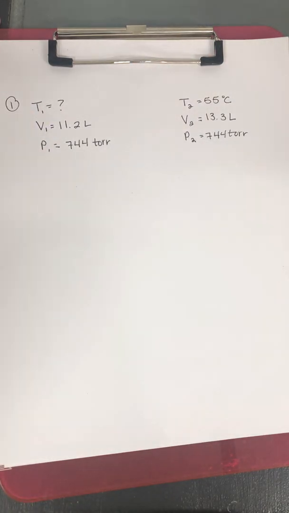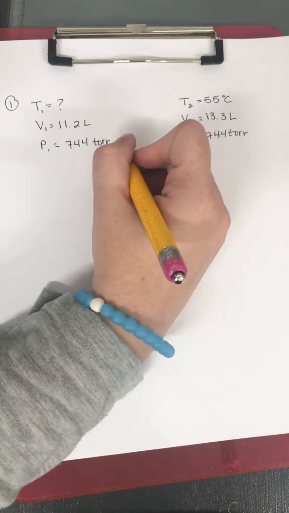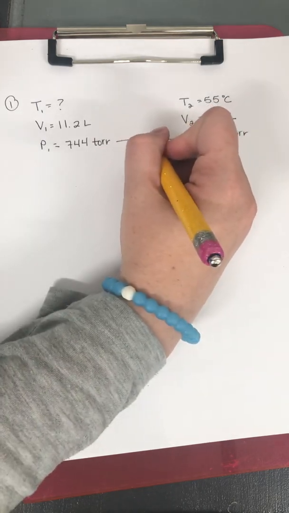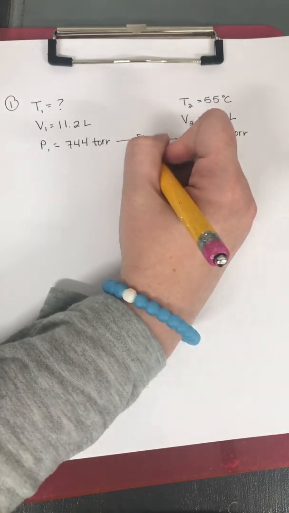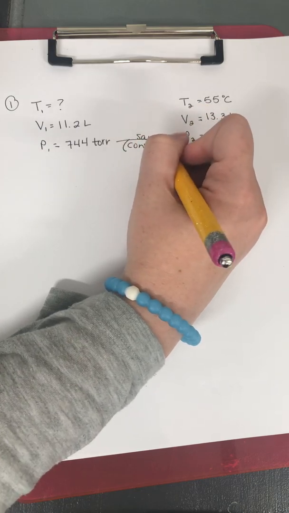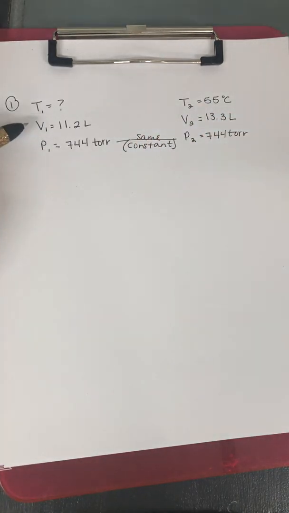So the first thing I'm going to notice, my pressures right here are the same, or I'm going to say constant. So really I'm looking for an equation that relates temperature and volume at constant pressure.